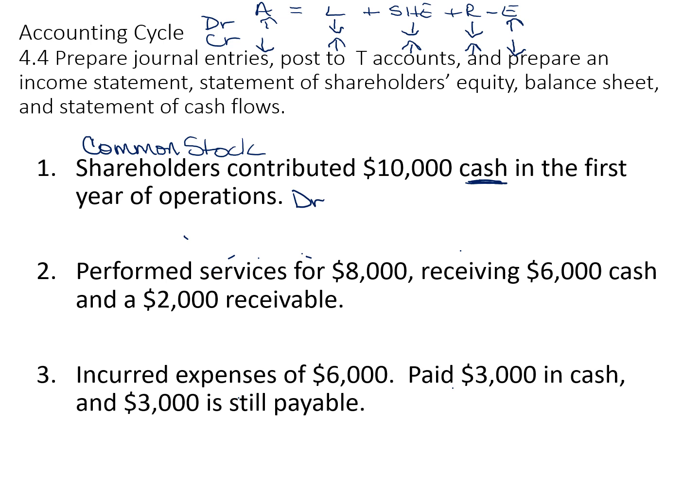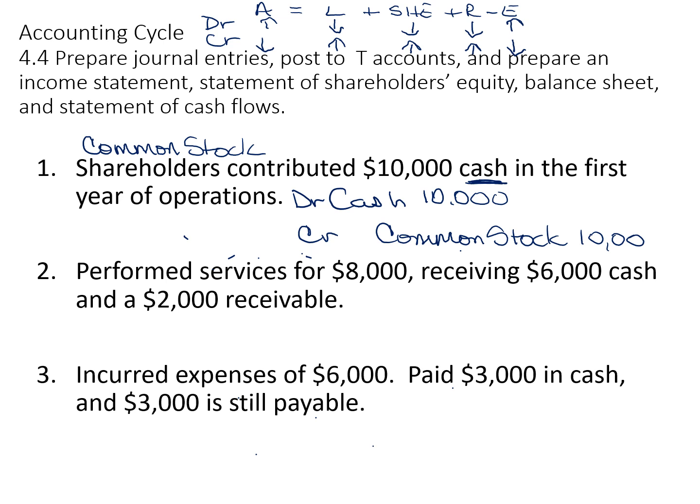So from the company's point of view, we're going to debit cash $10,000, and we're going to credit, and remember the credits are second and indented, common stock $10,000. Notice the debits come first, the credits are second and indented.